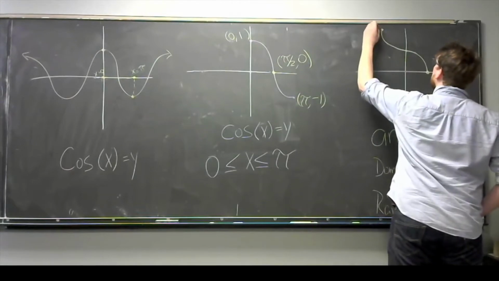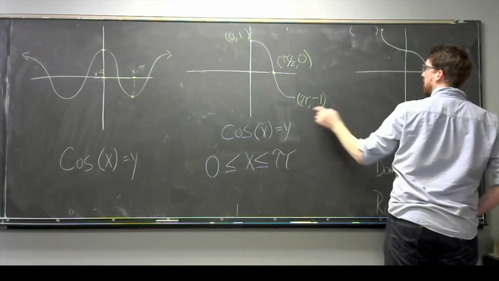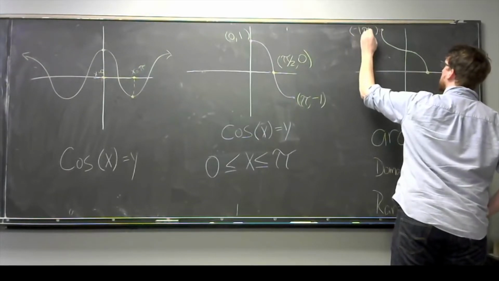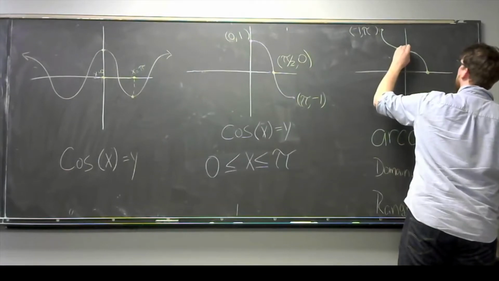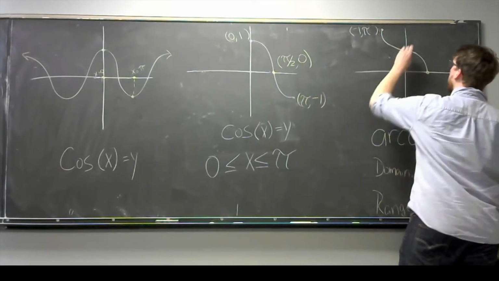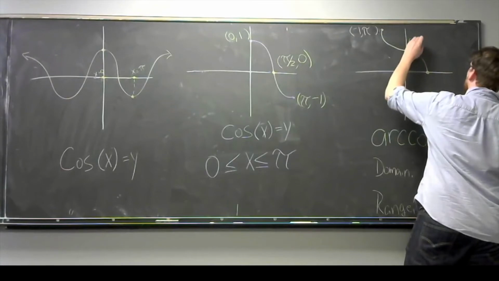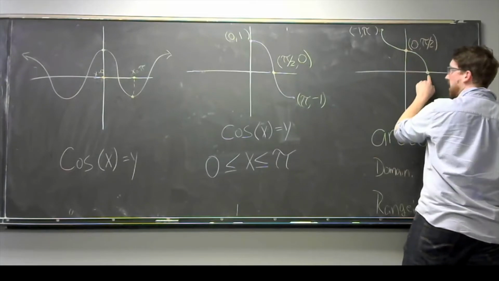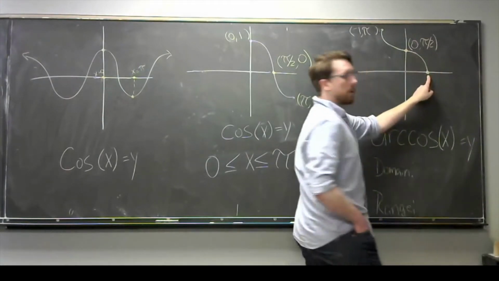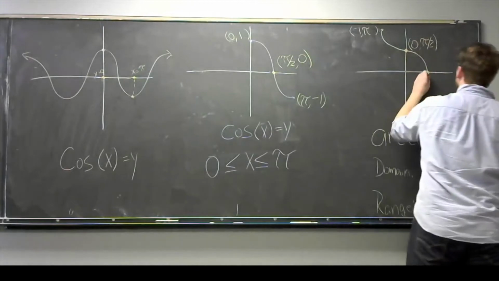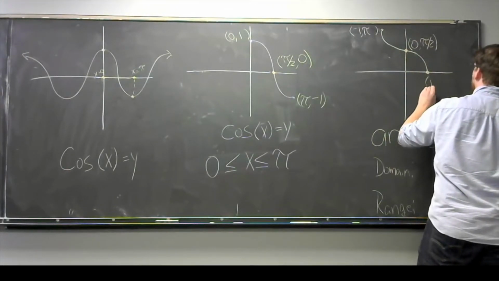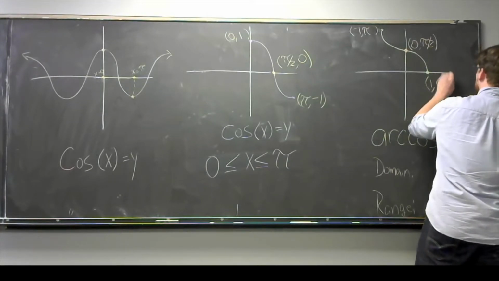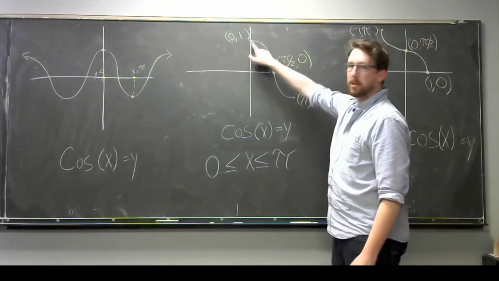Where this is the point negative 1, pi, this is the point 0, pi over 2, and this is the point, this bottom point here, this is the point 1, comma, 0. It's 1, comma, 0 over here.